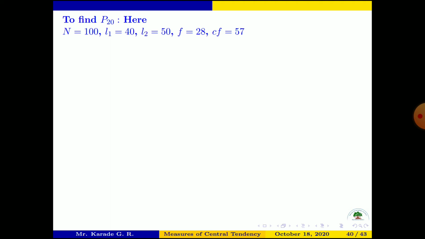To find P60, the 60th percentile, for this we have n equal to 100, L1 equal to 40, L2 equal to 50, meaning the 60th percentile class is 40 to 50, therefore L1 is 40, L2 is 50, and F means frequency is 28 and cumulative frequency is 57.